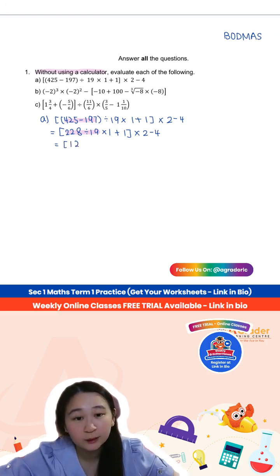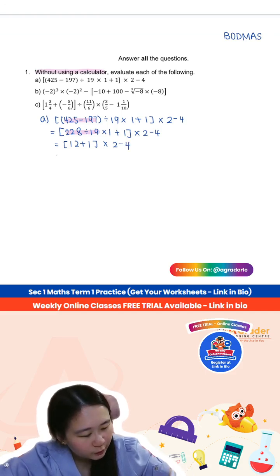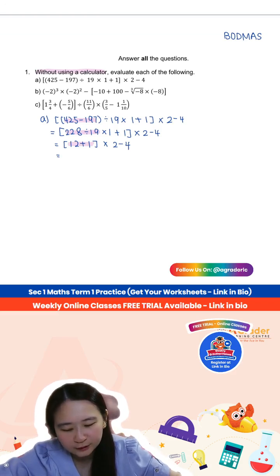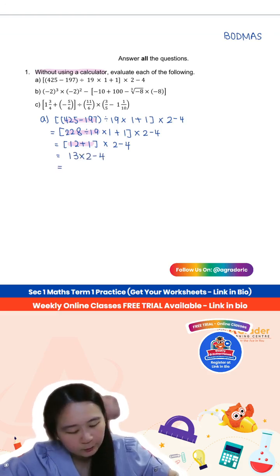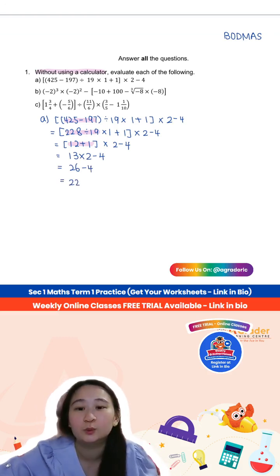Then 12 times 1 is 12, and then plus 1 times 2 minus 4. So we'll have to deal with the bracket first. 12 plus 1 is 13. 13 times 2 minus 4. 13 times 2 we get 26. 26 minus 4 we get 22.